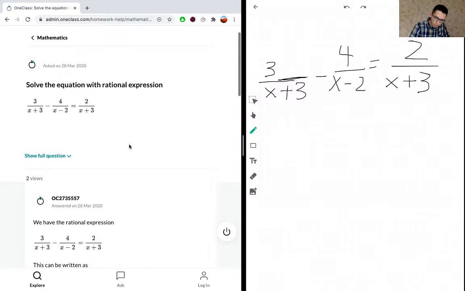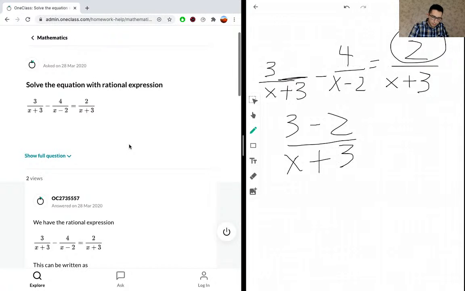Okay, so to start off, we'll take the 2 on top here and say minus 2. Since we have a common denominator, we can just put all of this over x plus 3. And then this is equivalent to, we're going to move this term to this side.